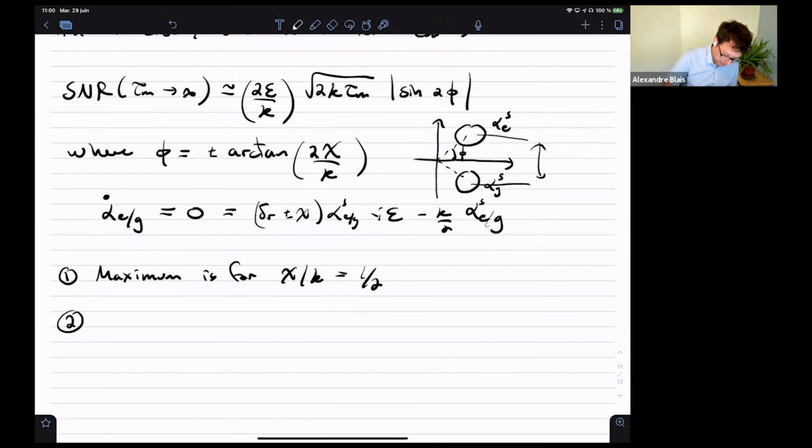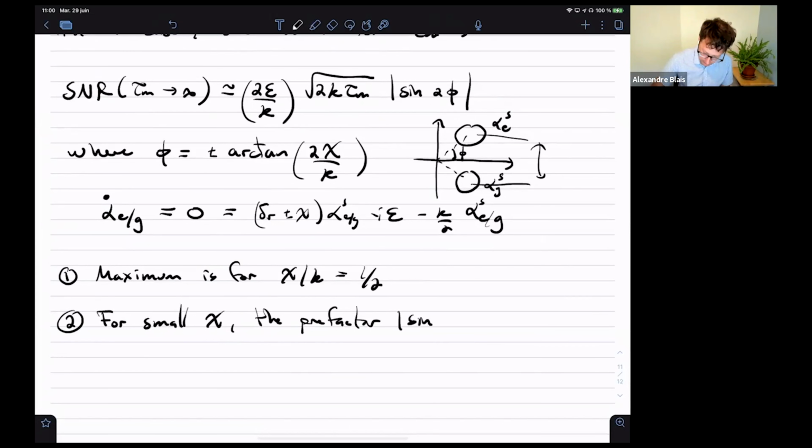The second thing to mention is that for small chi, the prefactor, so we've just maximized now the sine 2 phi. So let's look at the other factor. The prefactor of what we've just maximized, the prefactor of sine 2 phi, can be expressed in the following way.